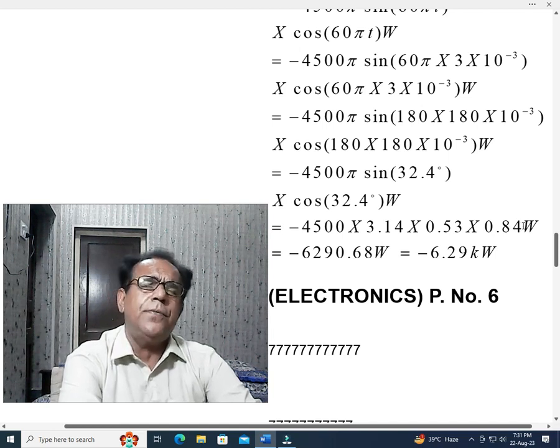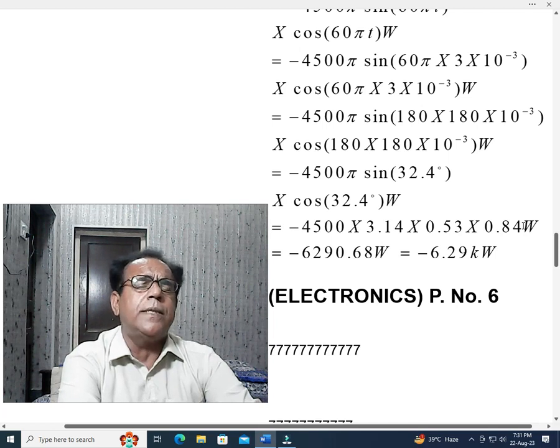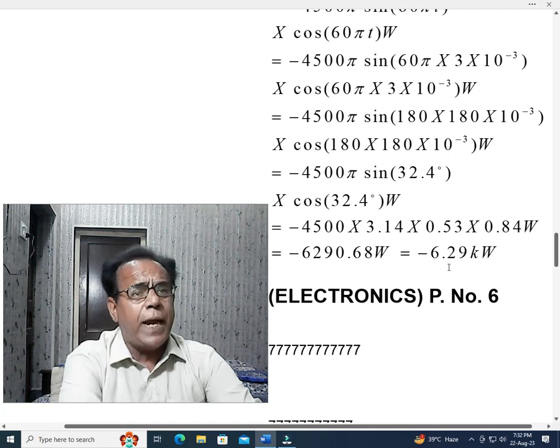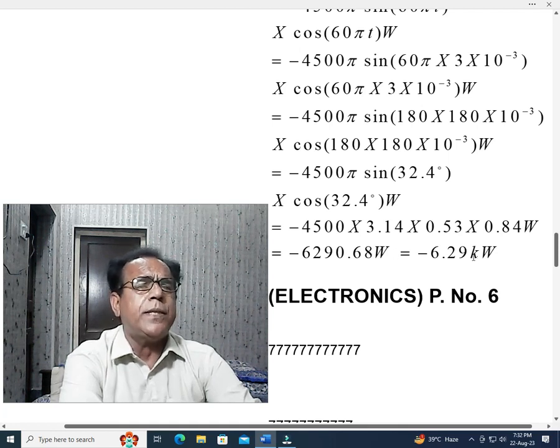Watt will appear along with these, because power is always expressed in watt. After simplifying it becomes minus 6290.68 watt. It can also be written as minus 6.29 kilowatt, because kilo is equal to 10 raised to the power 3.